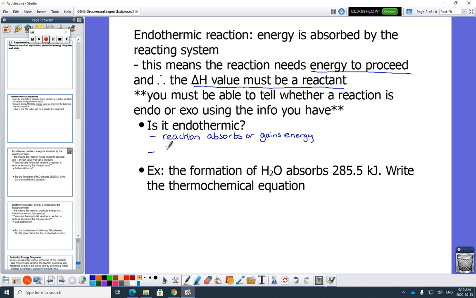So the delta H value is positive. It's a calorimeter question. The temperature of the surroundings decreases.